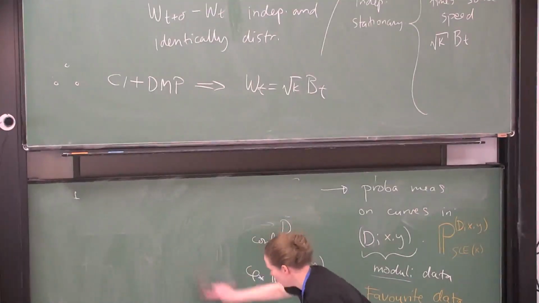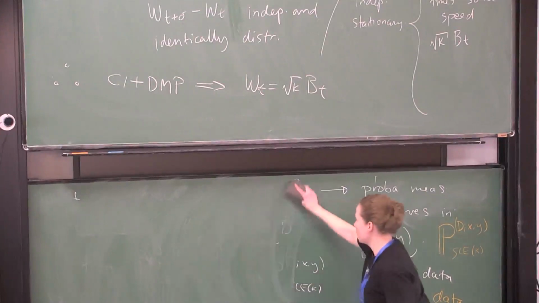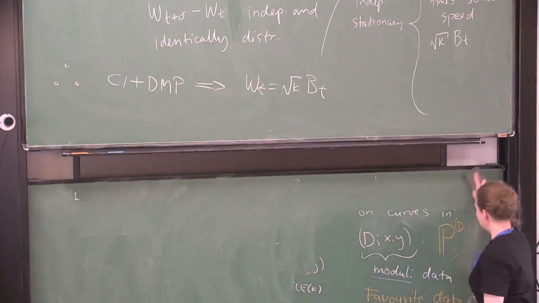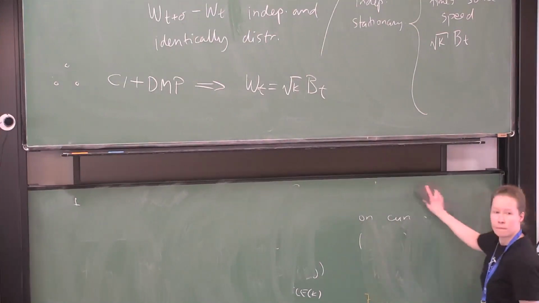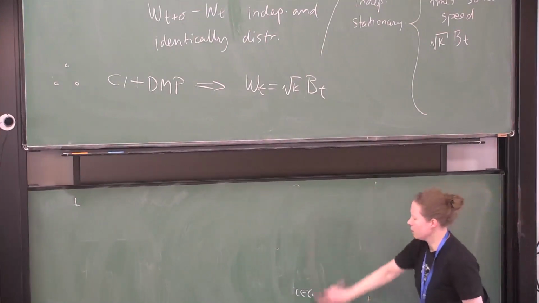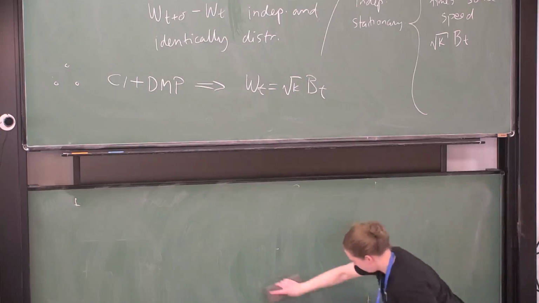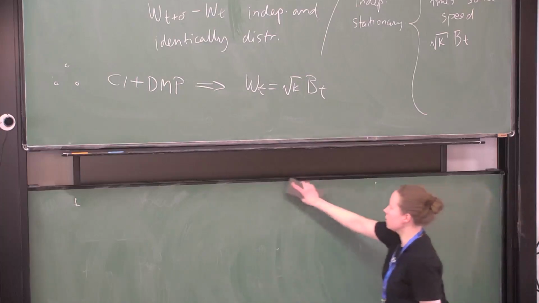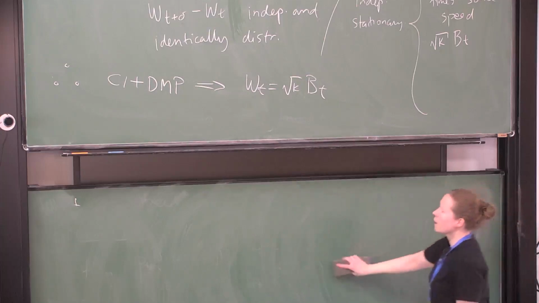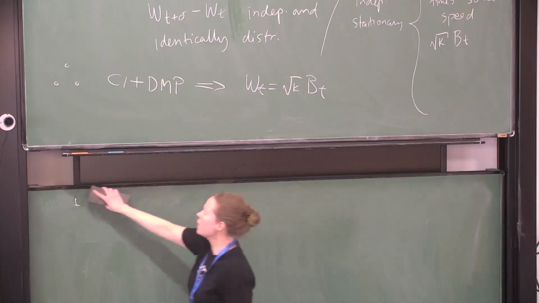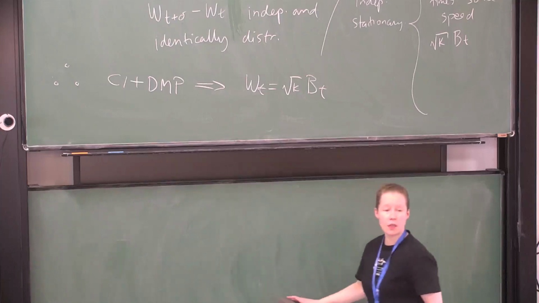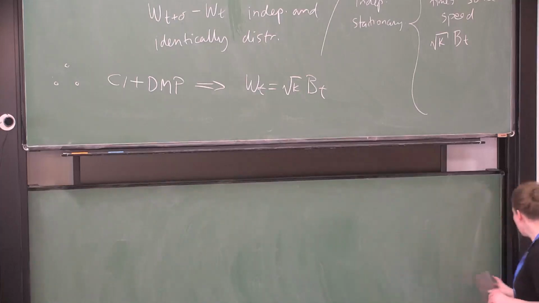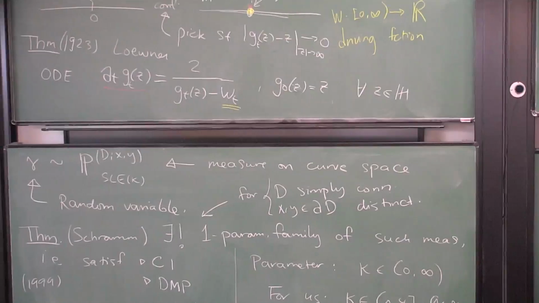Can I ask where the kappa is precisely coming from? Because if you just want the evolution of W_t under conformal invariance, then that doesn't really care about kappa. Yeah, exactly. It's coming from this domain Markov property. Those properties only say that you have to have independent stationary increments and some scaling property, but this holds for any kappa.